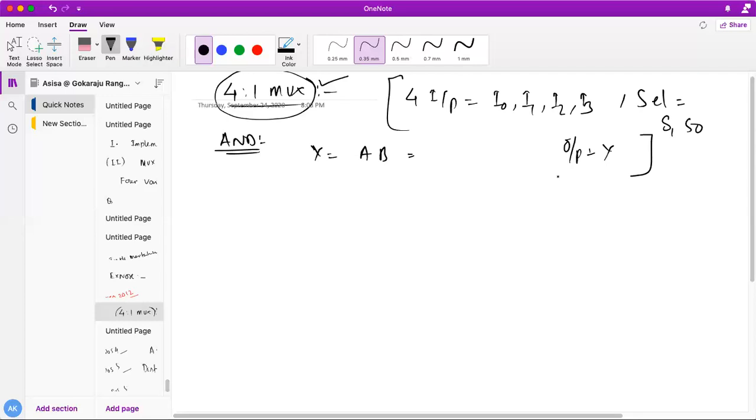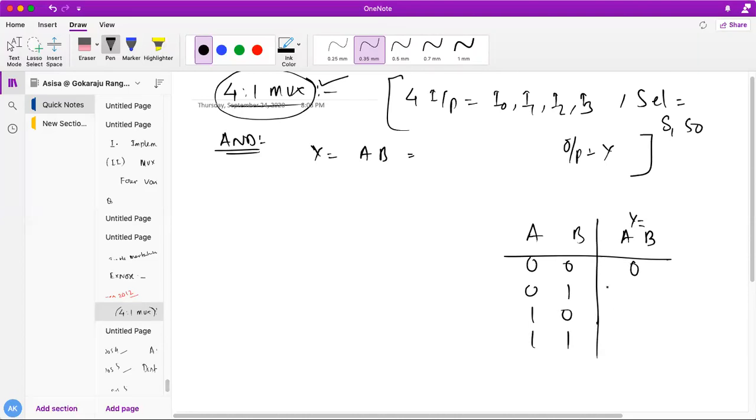So now tell me how to design an AND gate using a 4x1 mux. As we know, my AND gate is AB, which is Y. So 0 0, 0 1, 1 0, 1 1. AB, which is 0 0 0, 0 1 0, 1 0 0, 1 1 1.